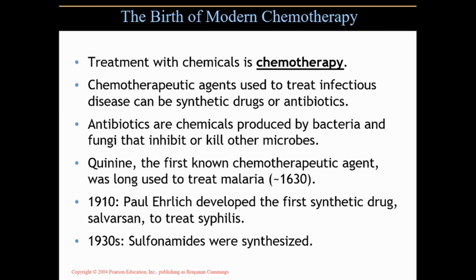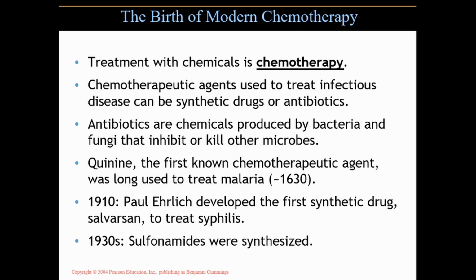We know that with the Spanish conquest and the conquistadors, they saw that the South American natives were using this compound, which was in trees that grew naturally in those environments, and they were using it to treat malaria. So it was discovered around 1630. Now, how long had these South American natives been doing this? Who knows, centuries. But they knew that there was something in the tree that gave relief to malaria. Of course, they didn't know what it was, but they knew it worked.